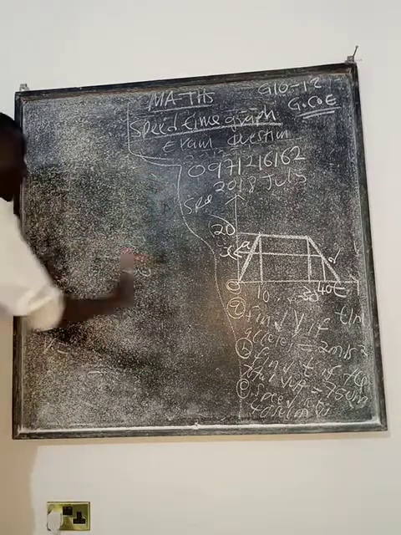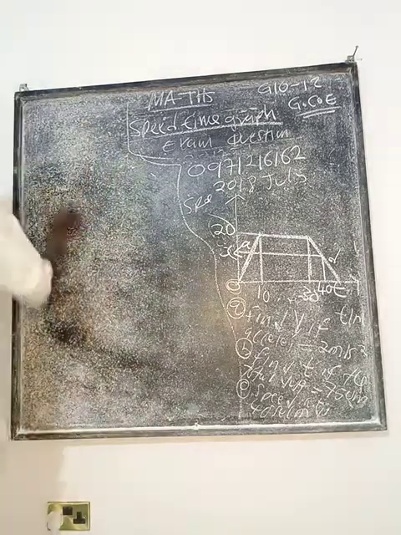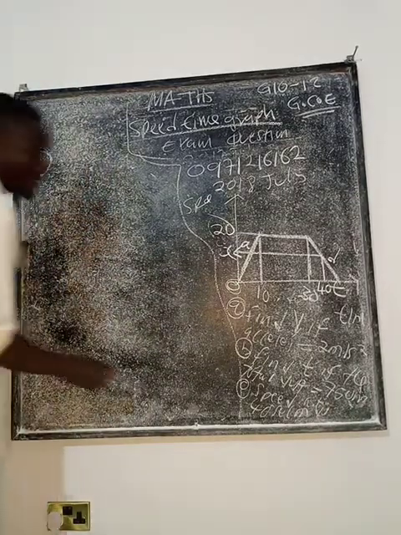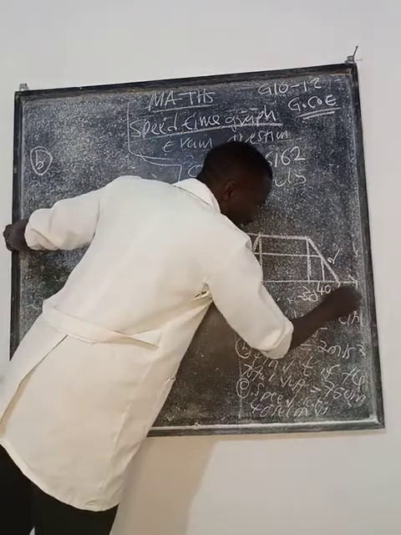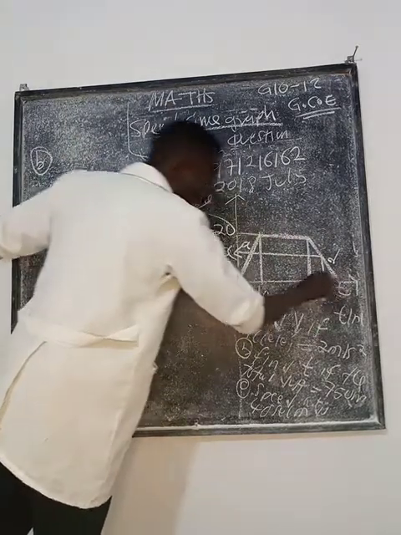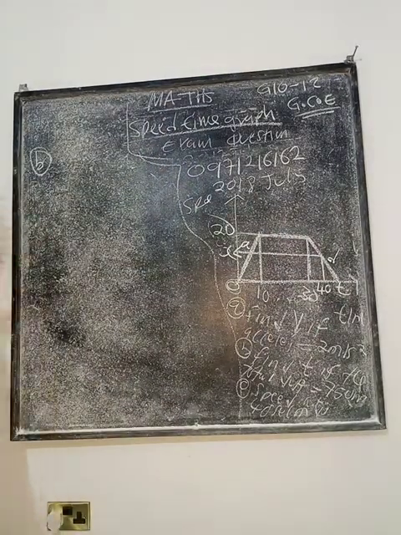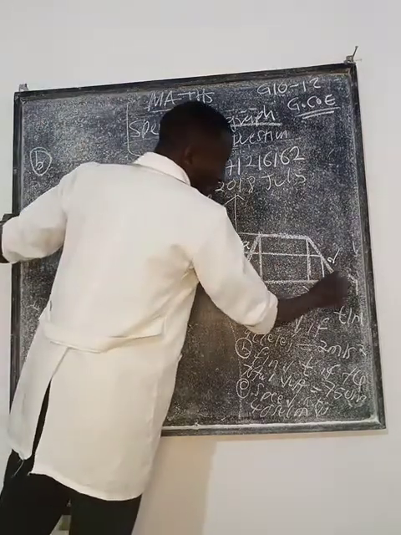What did you find at B? Let's figure out. Alright, so question B, they are saying find T. This time around we are finding this T here, if the whole distance is 750 meters. What does this shape look like? It looks like a trapezium.